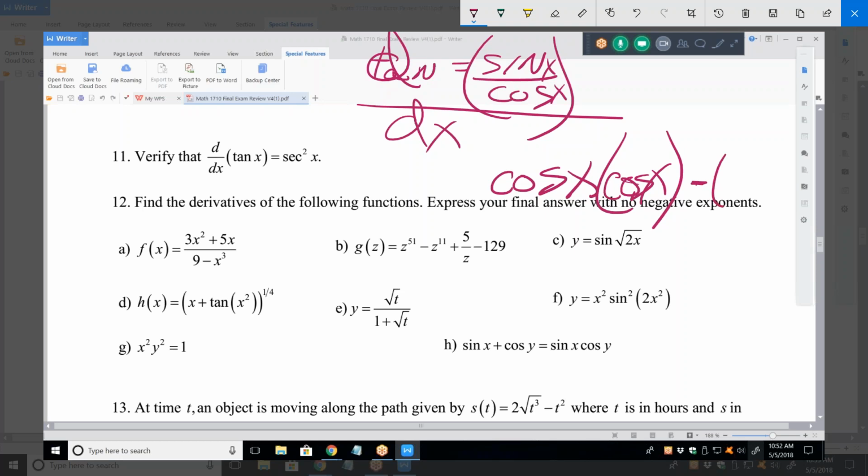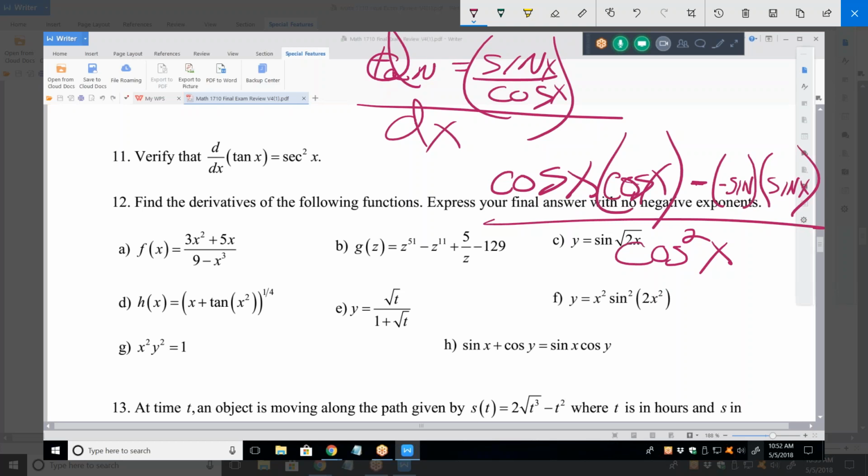So I'm going to take the derivative of the bottom, which is negative sine, and multiply it by the top. And it's all going to be over the bottom squared. Now, our goal is to prove that that's equal to secant squared. Well, what do I got?